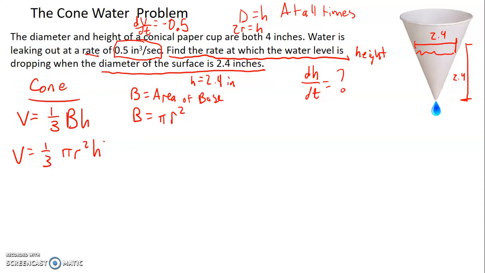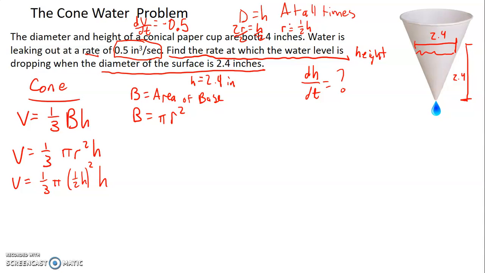I could plug in h equals 2r and figure out dr dt, but this problem is asking for dH dt, so it would be better to solve this for r. Divide both sides by 2, so r equals 1/2 h. The radius is half the height at any given time. So I can rewrite this as 1/3 pi times 1/2 h squared times h.